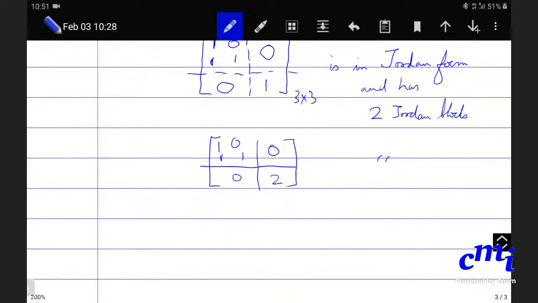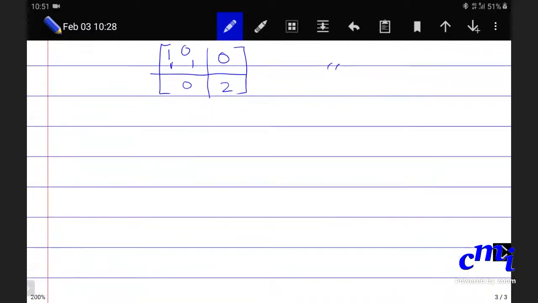I hope at least it is clear what we mean when we say that a matrix is in Jordan form. Maybe I should just write, suppose we have a matrix like this. It is not in Jordan form.